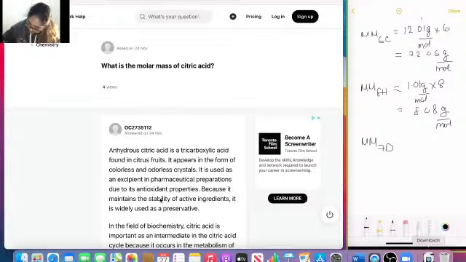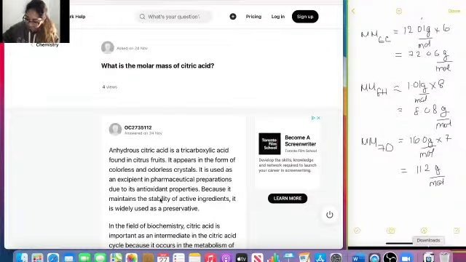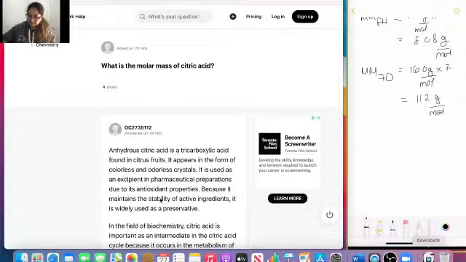The molar mass of one oxygen atom is 16.0 grams per mole. Again, this is given in the periodic table, and you multiply this by 7, and you get 112 grams per mole.